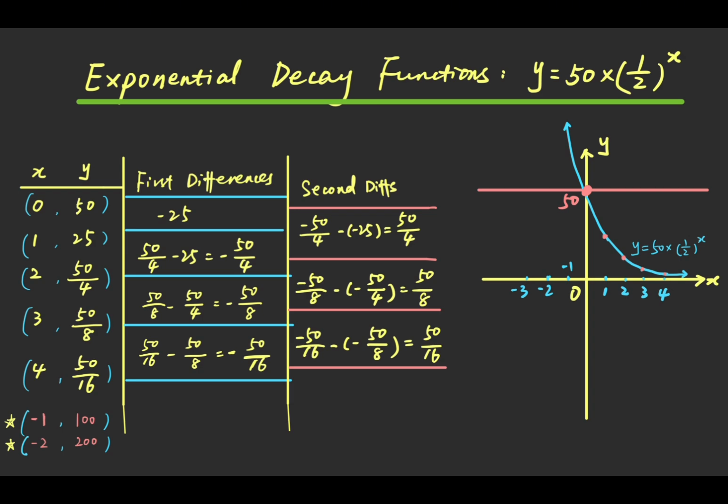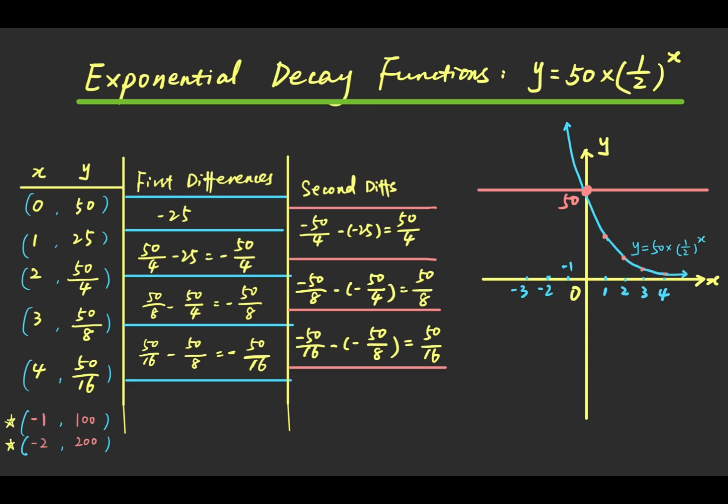As the independent variable increases by a constant amount, that is, every time x increases by 1 unit, you will find the dependent variable decreases by a common factor.